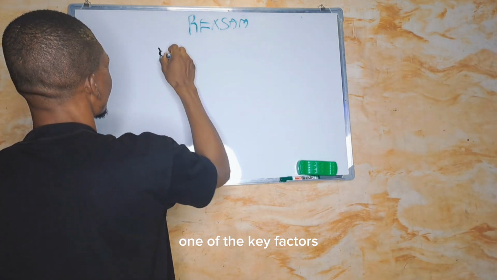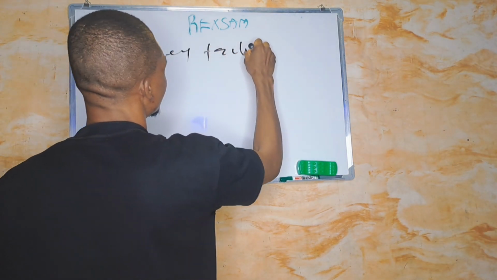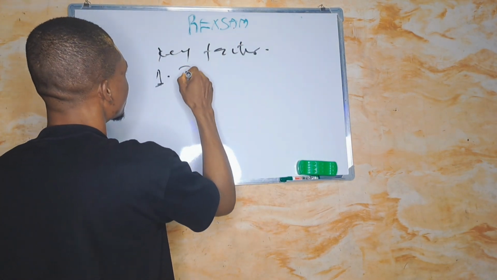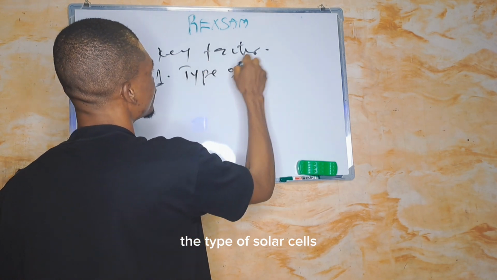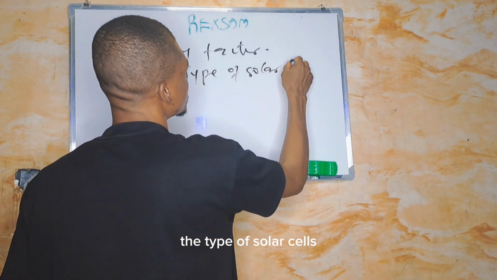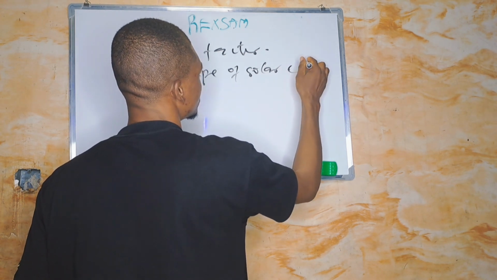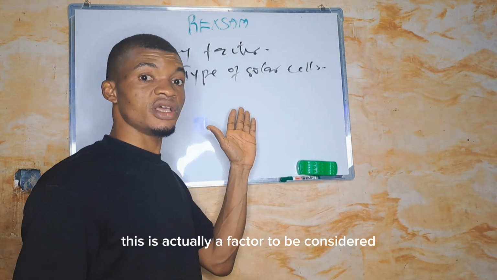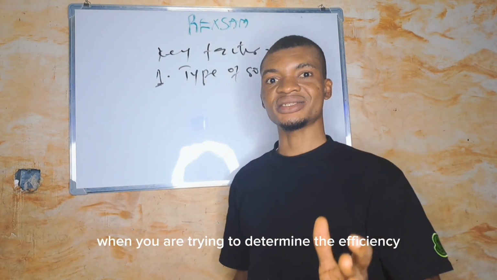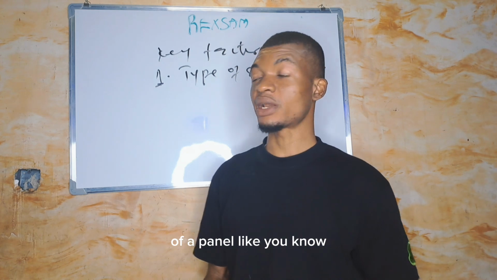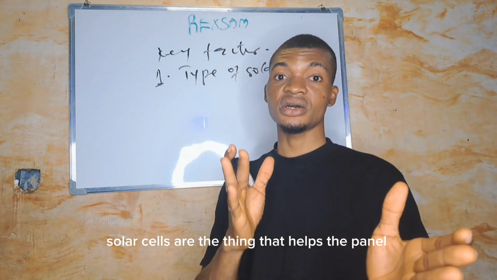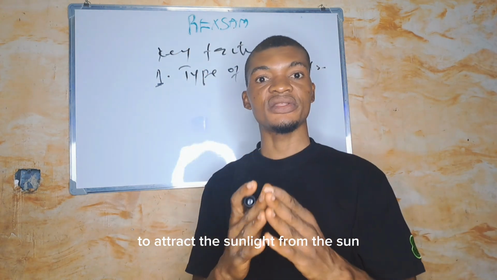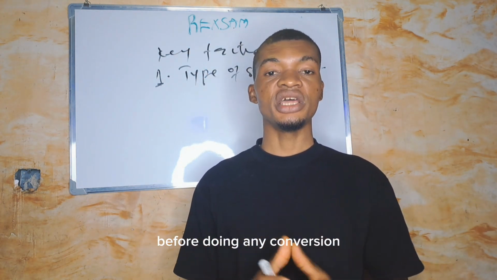One of the key factors to be considered is, one, the type of solar cells. The type of solar cell is actually a factor to be considered when you are trying to determine the efficiency of a panel. Like we know, the solar cells are the thing that helps the panel to attract the sunlight from the sun before doing any conversion.